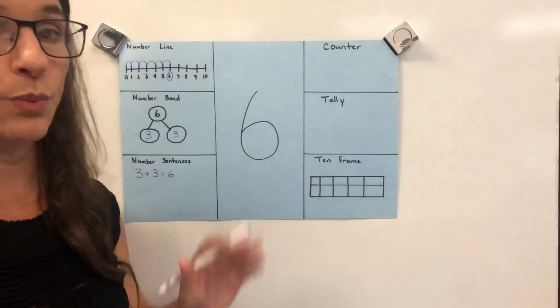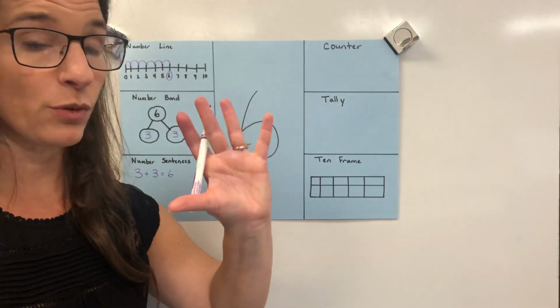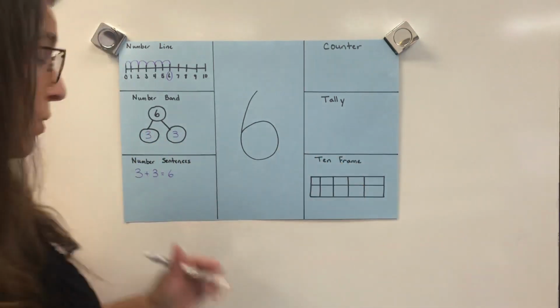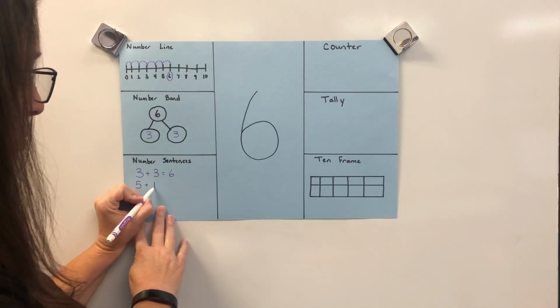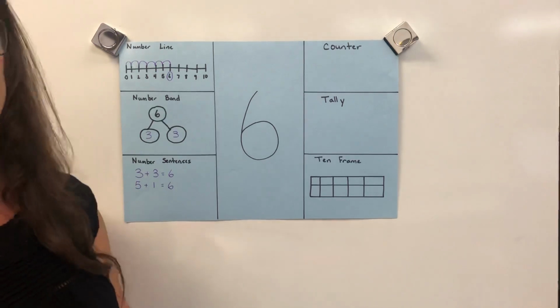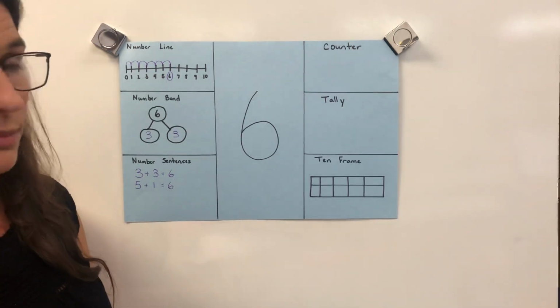Another way I showed you was, and we're going to talk about this when we get to the 10 frame, is that if you have a row of 5 and 1 more, that makes 6. So you could also put 5 plus 1 equals 6. That's another way to make 6, is 5 and 1 more makes 6.